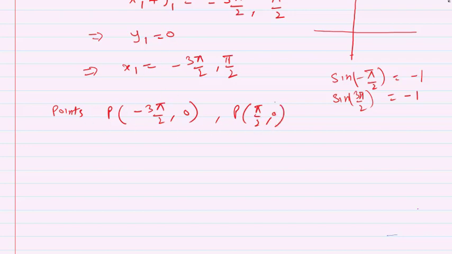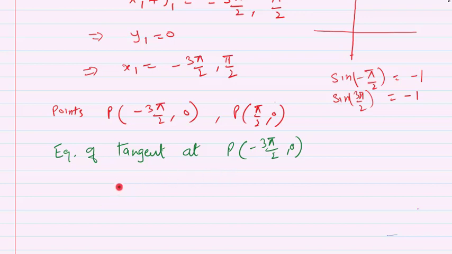Now next let us calculate the equation of the tangent at P(minus 3 pi by 2, 0). You know very well what the equation is.